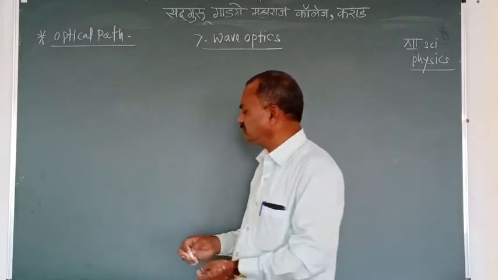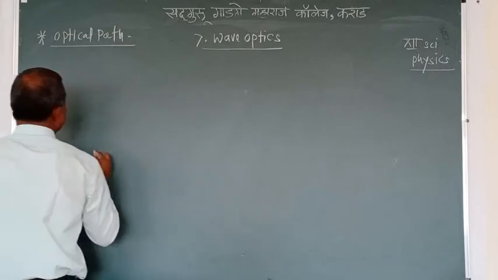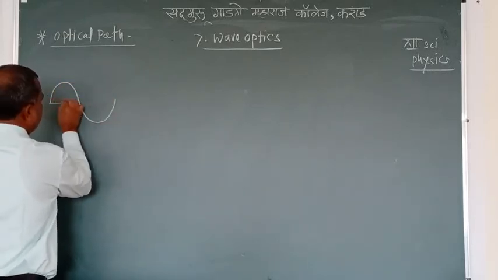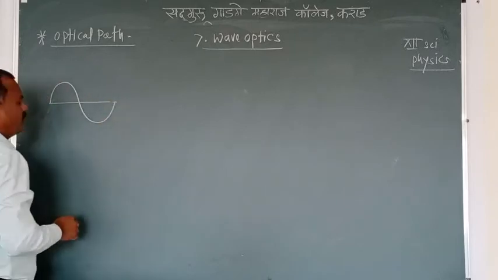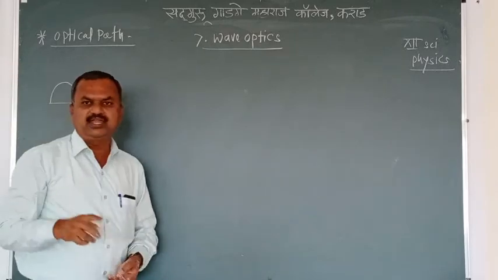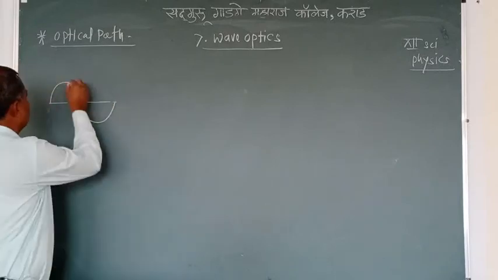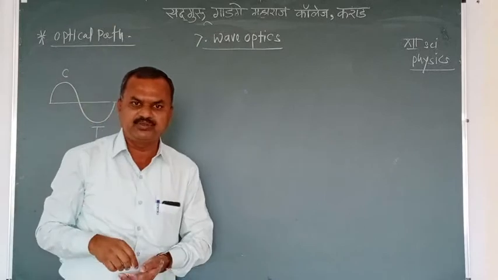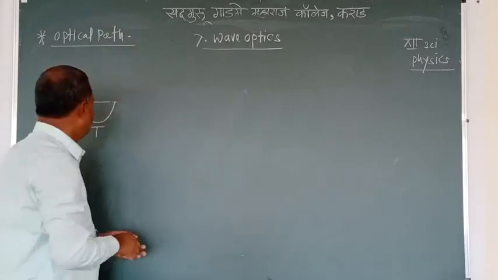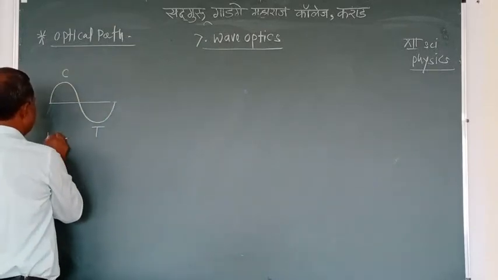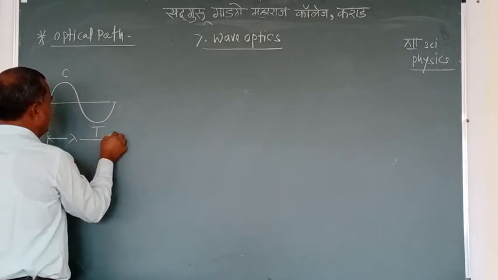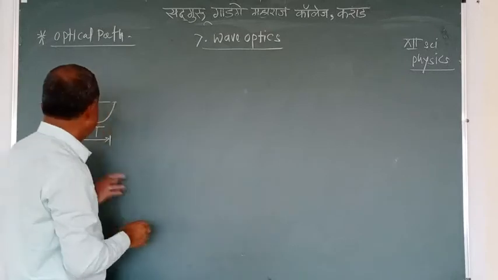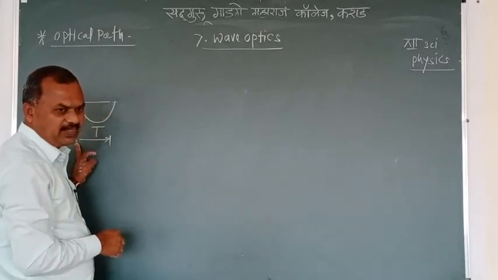For that, consider a single light wave like this. This is a single light wave, having a crest and a trough. One crest and one trough together form a single wave, and the length of that single wave is called its wavelength, denoted by the symbol lambda.